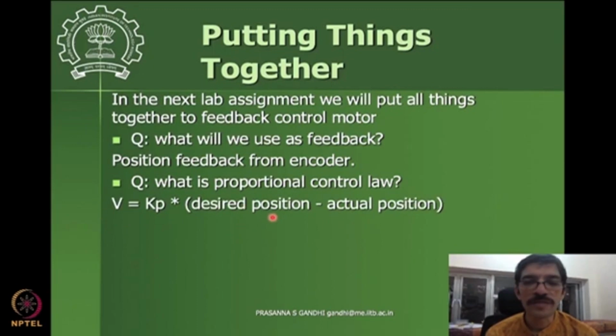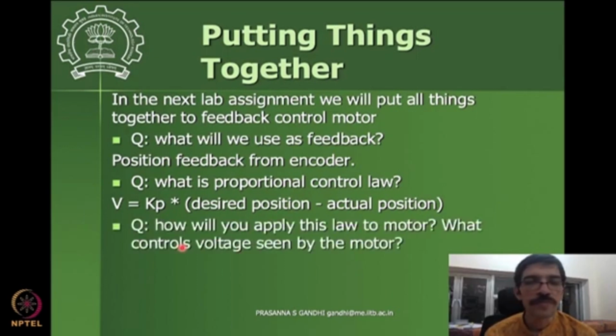You'll have a desired position and an actual position. As we see later, we'll look at what form the desired position should have, so that once you have implemented it, we keep observing how our control is performing.